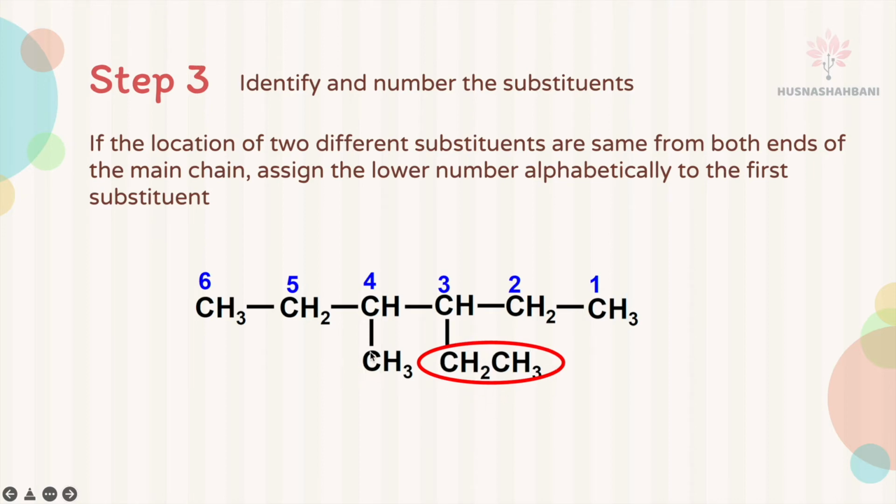This one, 1 carbon, the name is methyl. So give the lower number according to alphabetical order. E first and then M. Ethyl and then methyl. So that's why we have to give carbon number 1 from the right.